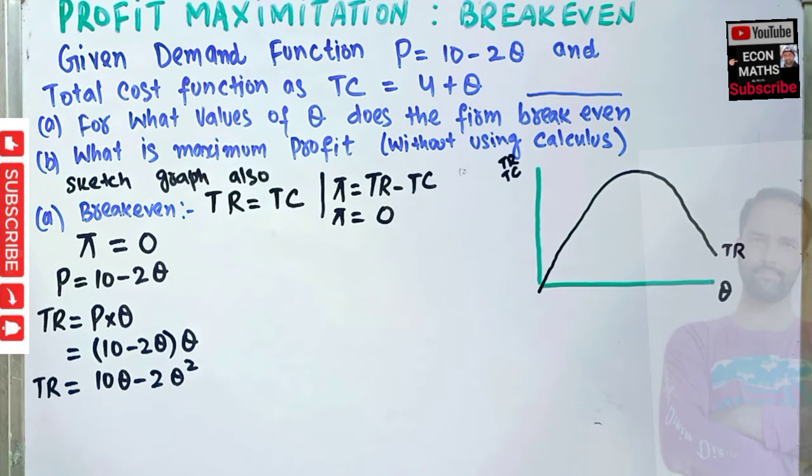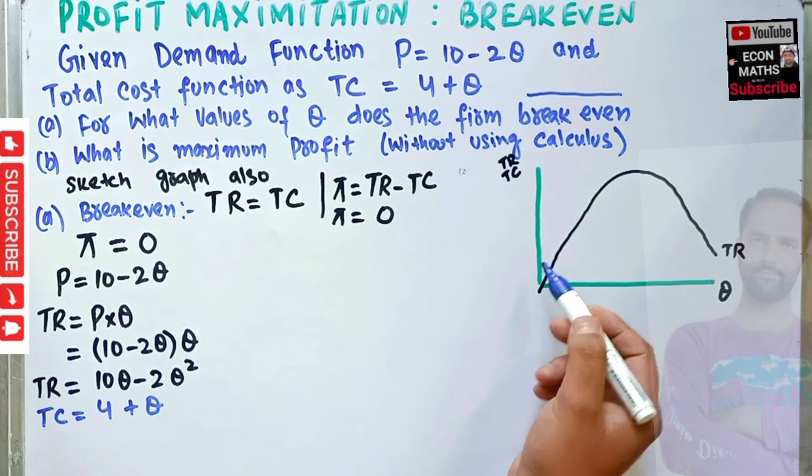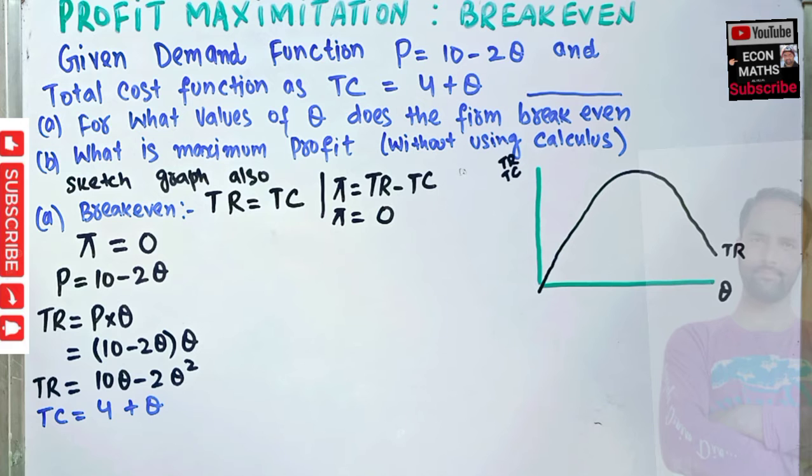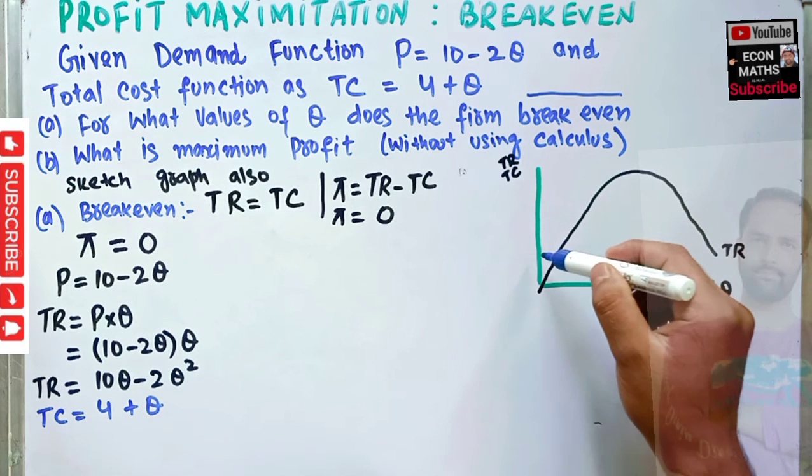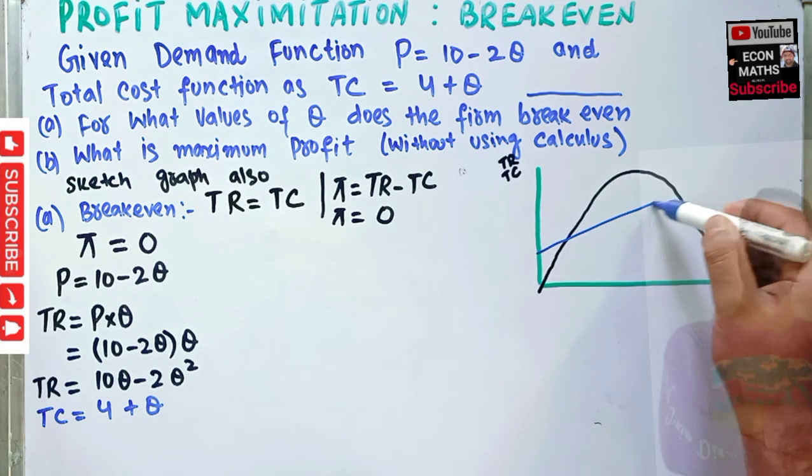Okay, now we need to find out the total cost function. Total cost function is given to us as 4 plus Q. If it is 4 plus Q, that means our vertical intercept is 4. On this axis we have 4 and it is a linear one. So our total cost function will look like this.